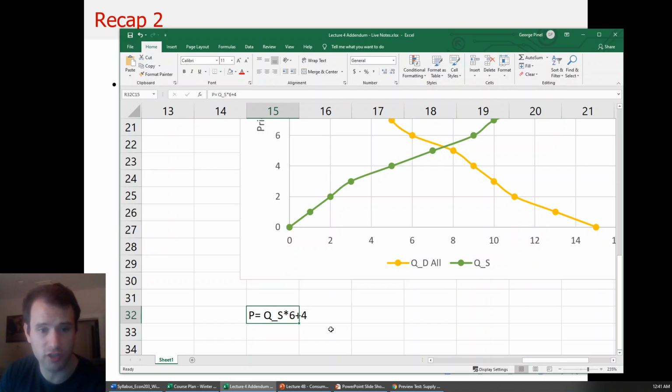If the price is, let's say, 2, what's the quantity supplied? We just have to do the math. 2 equals QS times 6 plus 4, so negative 2 equals QS times 6, so negative 1/3 equals QS. That'll be a negative example just because I picked something at random.